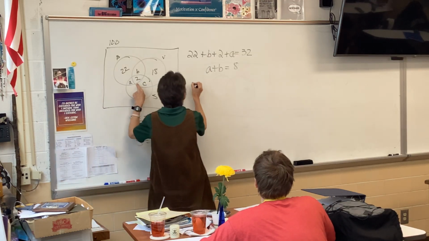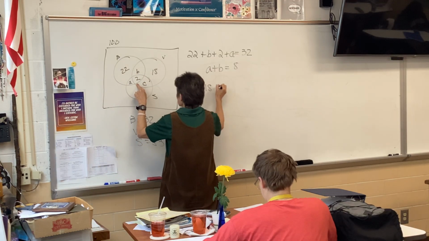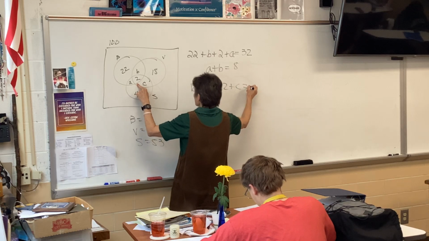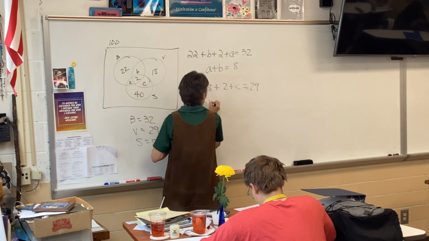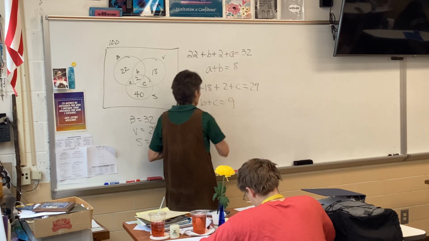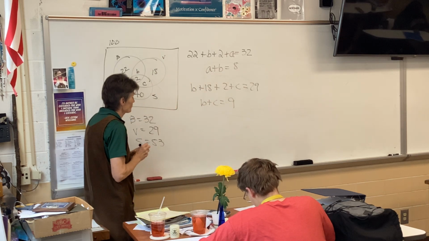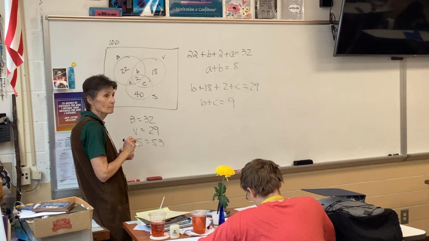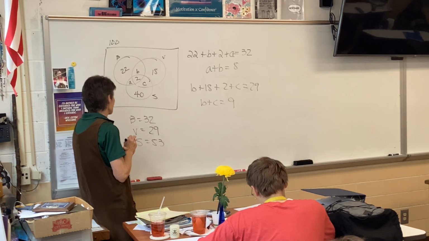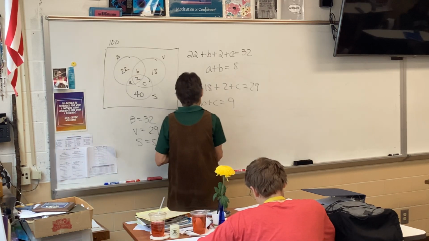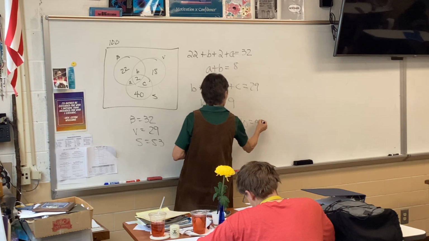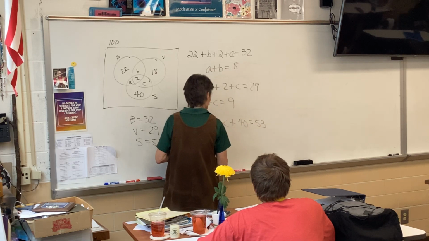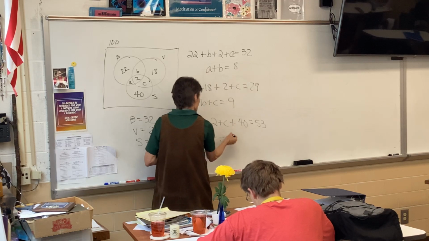And then B plus 18 plus 2 plus C has to add up to 29. So B plus C is 9. Good? And then A plus 2 plus C plus 40 is 53. So A plus C is 11.